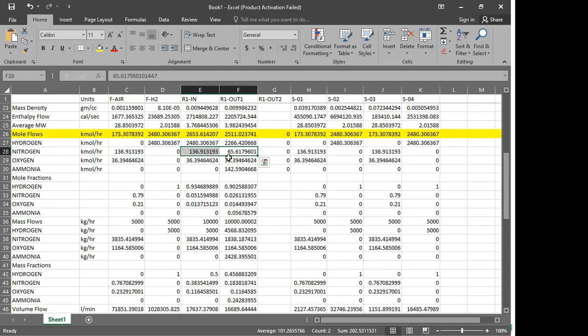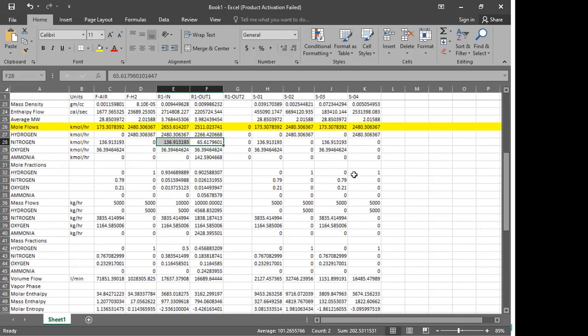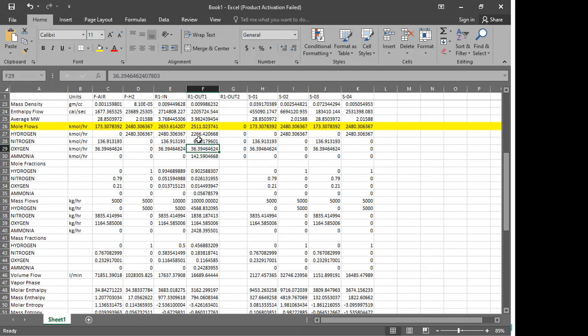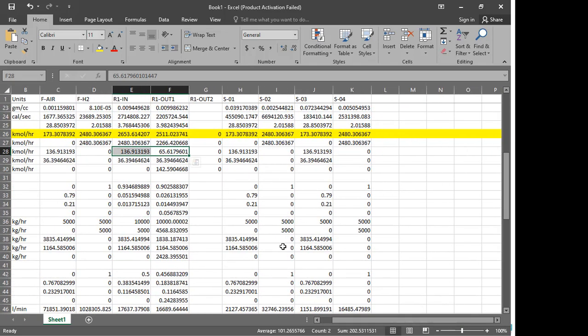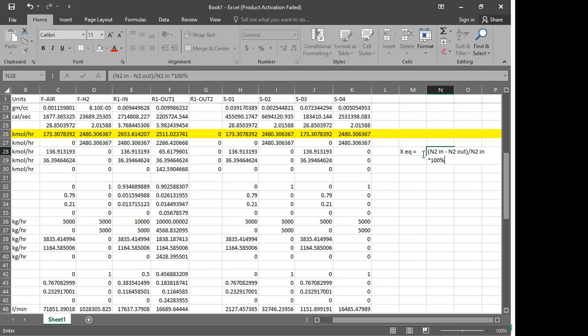You can calculate the equilibrium conversion by using nitrogen inlet and nitrogen outlet. So the X equilibrium equals nitrogen in minus nitrogen out divided by nitrogen in times 100%.